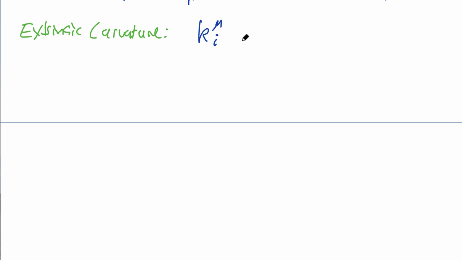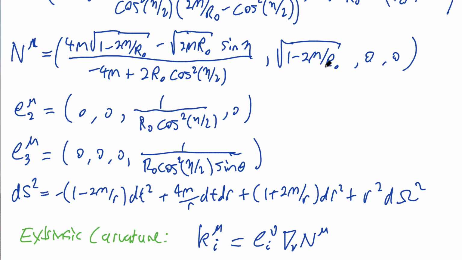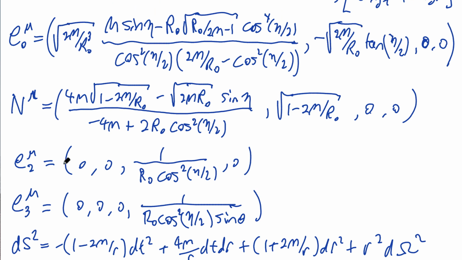K_{μi} equals e_i^ν ∇_ν n_μ. Now the only thing that's tricky about this calculation is here we have derivatives with respect to the coordinates t and r, but the components of the vector n are written in terms of this parameter eta rather than t and r.